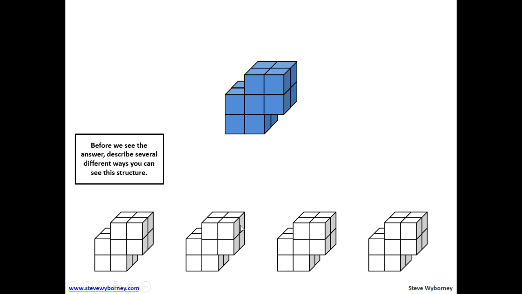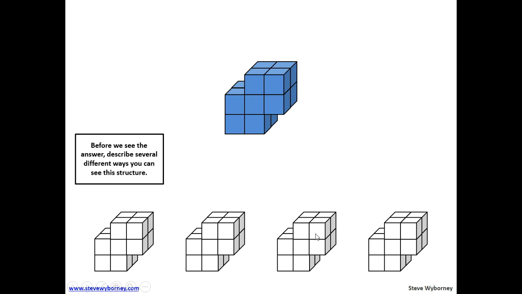Again, you can also look at it by rows. So I see 4 on this top row here. Based on the 4 here, I know that there are 4 and 2 more in the second row, so that would be 6. And then this appears to be a 4 on the bottom as well. So 4 plus 4 is 8, plus another 6 is also 14.